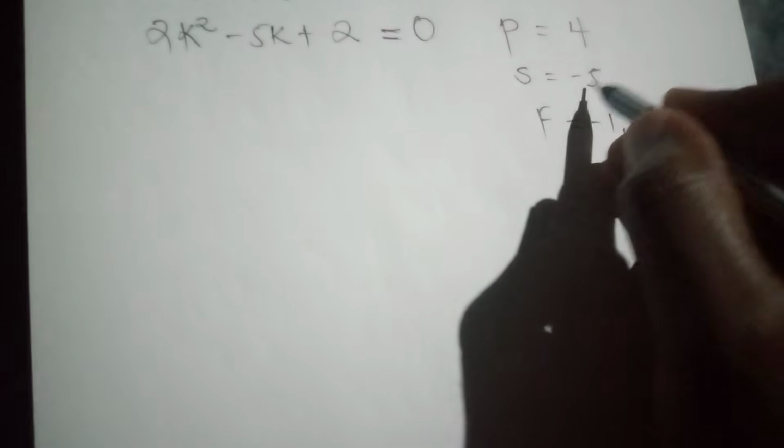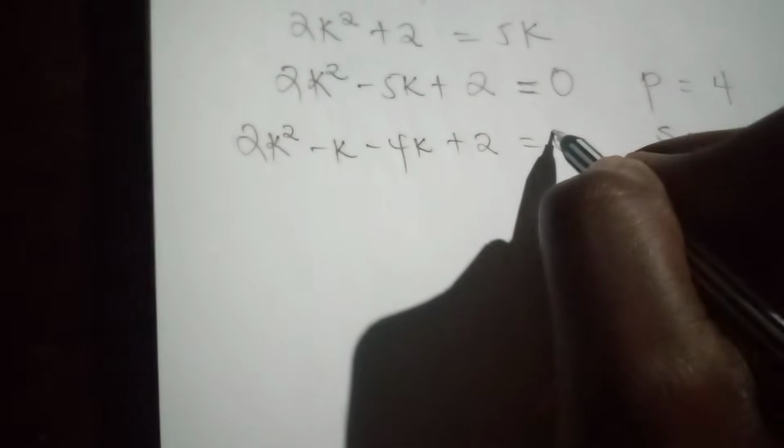And that is negative 1, also negative what? Negative 4. So when you multiply these two numbers, negative times negative is positive 4. When you add, it's negative 5. So that is 2k² minus k minus 4k plus 2 equals 0.